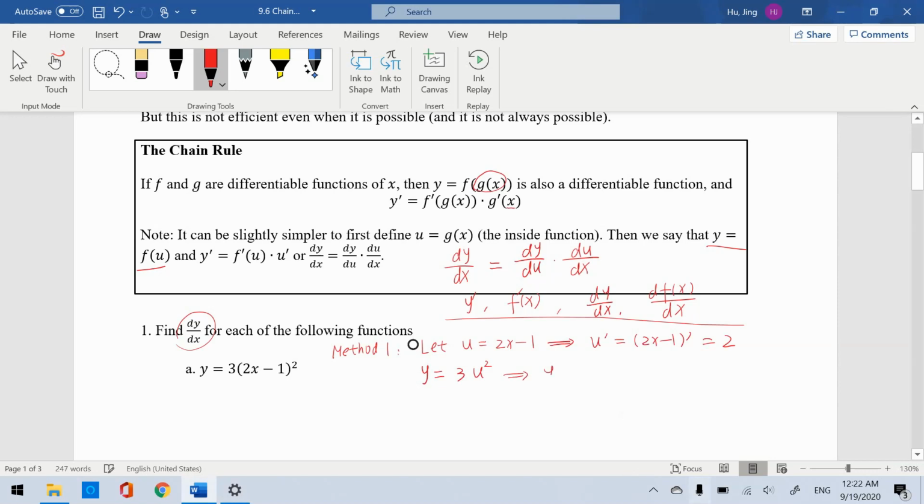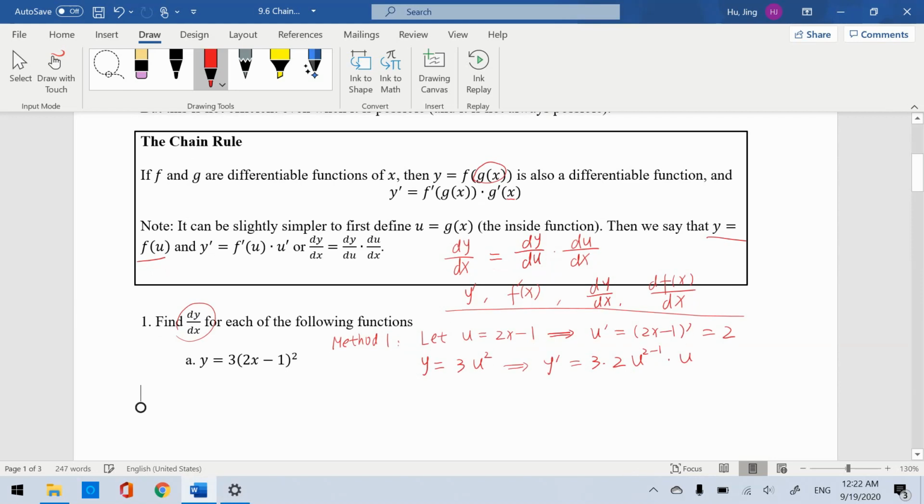Then we know y prime is 3, then the 2 jumps down, then u to the 2 minus 1. We need to go to u prime. So now you combine: u prime is 2, so 2 times 2 times 3 is 12u. So what's u? u is 2x minus 1. So now we replace it back with 2x minus 1. That's our answer.